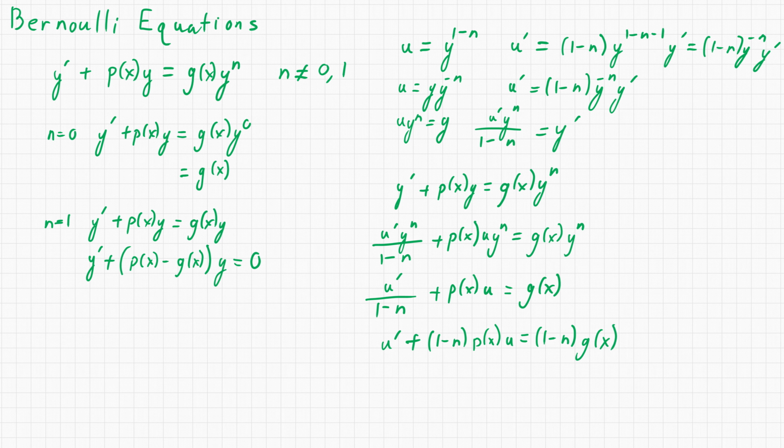And so if you have a Bernoulli equation, every time you're solving it, you can just jump to this formula and keep in mind that u is equal to y to the 1 minus n. You have to substitute back for y when you're done.